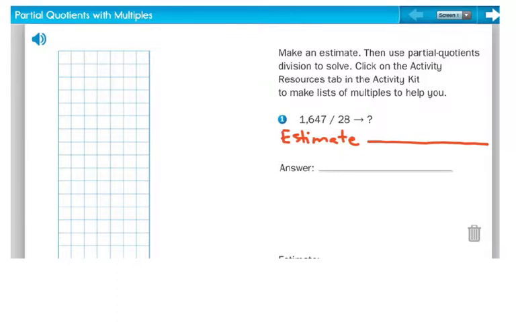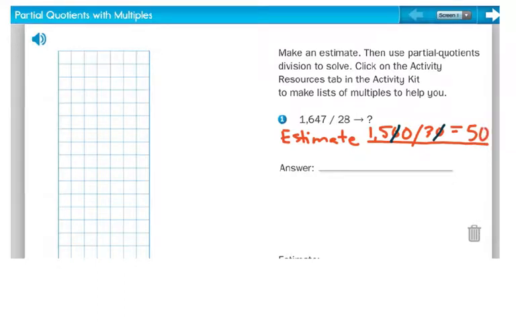So I'm going to make this 1,647 into 1,500 because then I can divide. I'm going to change 28 to 30 because I can divide 15 divided by 3 in my head. So 15 divided by 3 is just a basic fact, which is 5. 1 zero cancels out a zero here, and I just add 1 to the end.